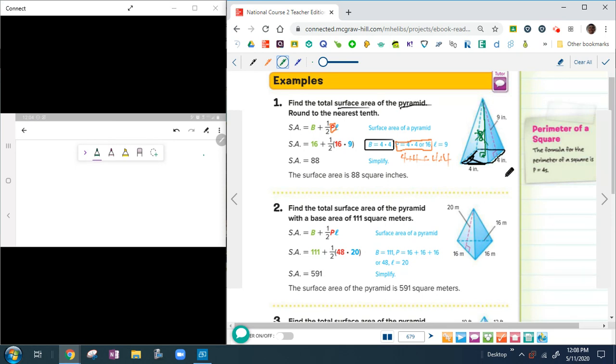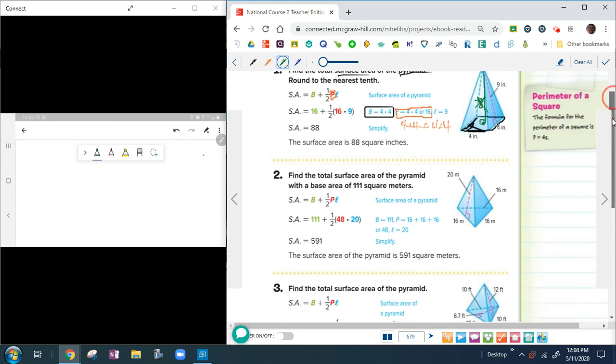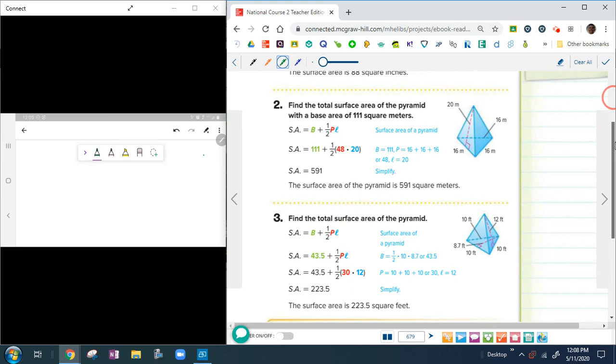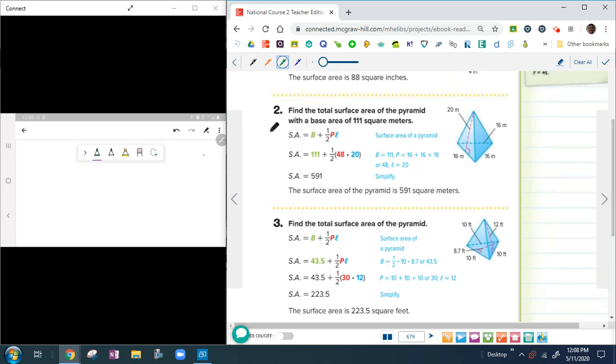I only need the slant height when I'm finding surface area. So that's a big hint, clue, tip in case someone's trying to throw you off. All right, let's go to the next one. And really, it's just using this formula and knowing that you have to find the big B and the big P off to the side and then plug them in.